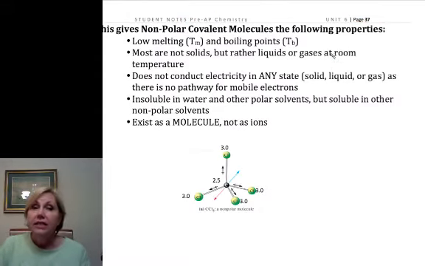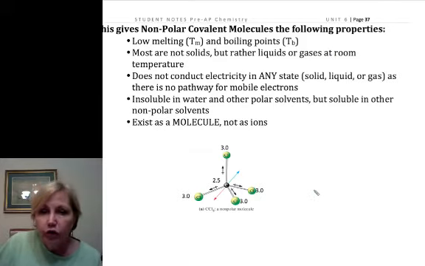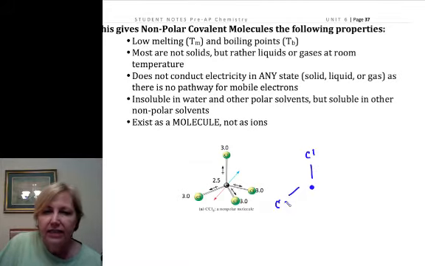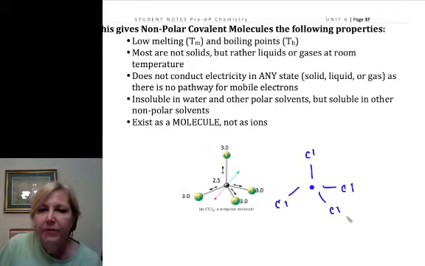Now, this is quite important. The attraction between two non-polar molecules. So if I could draw this again, this Cl and Cl, I tried to cut and paste it and it wouldn't work in the format I'm using right now.